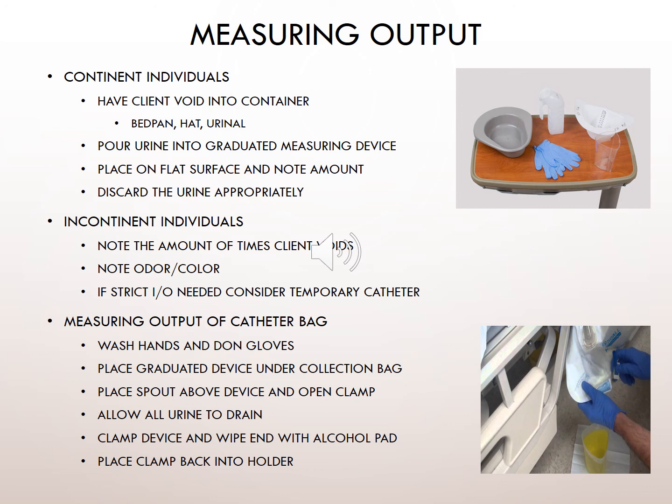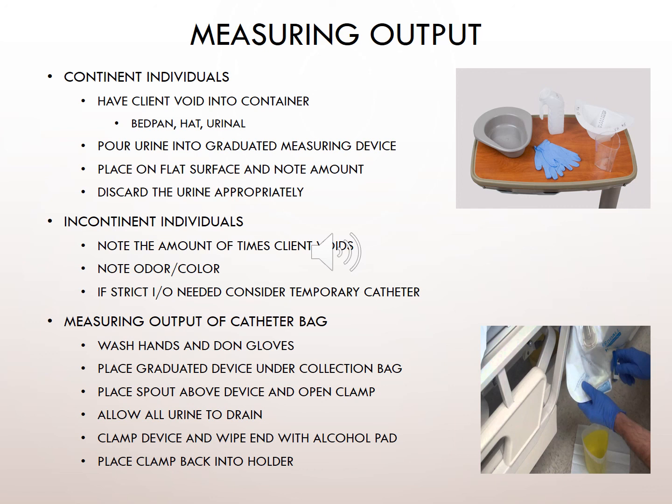This is in your chapter, and it's talking about how we can measure output on our patient. If we have a continent individual, we can have that patient void into a container, whether that's a bedpan, a hat, or a urinal, and we can collect and measure that urine so we can determine accurate output.